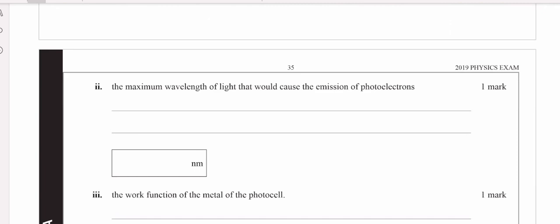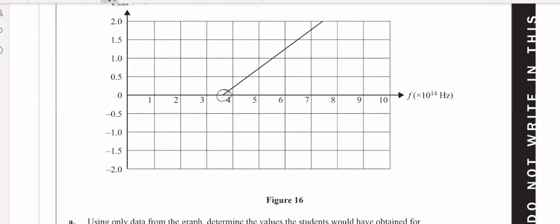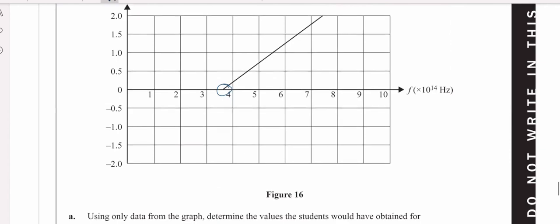Maximum wavelength of light that would cause the emission of electrons. So it would be at this point, frequency would get there.